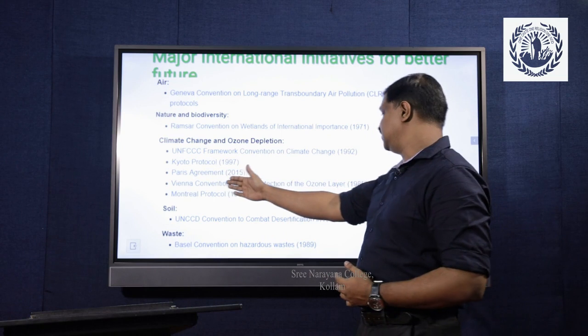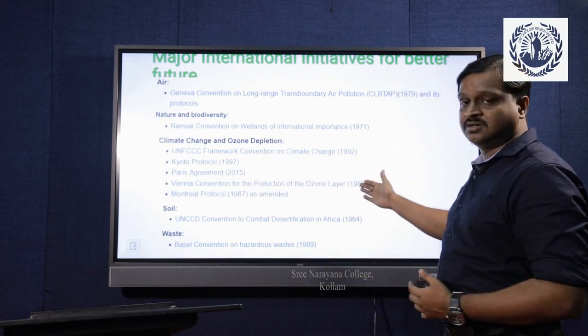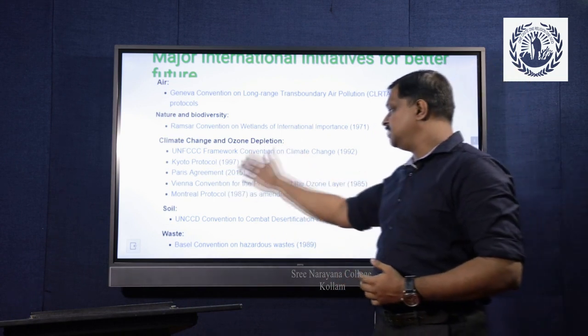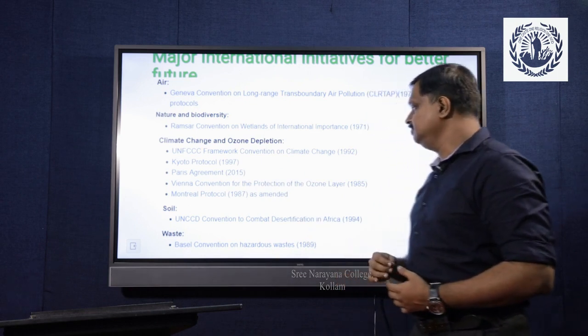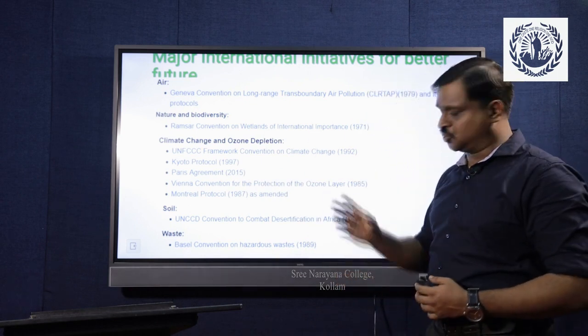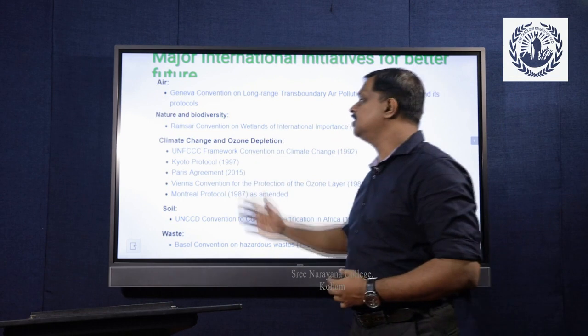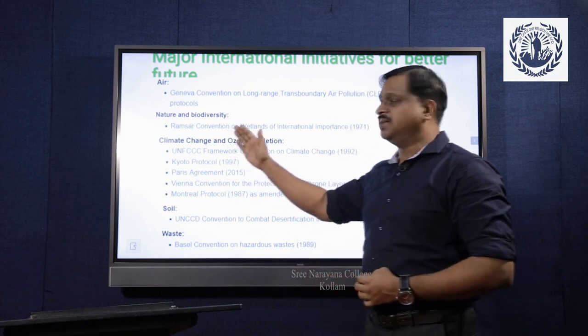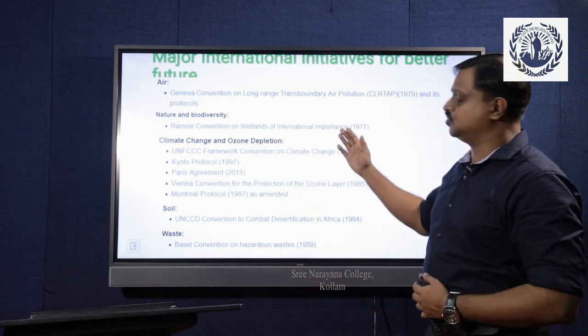The Vienna Convention for ozone was signed in 1985, and the Montreal Protocol in 1987. All these protocols are made for controlling climate change and ozone depletion.